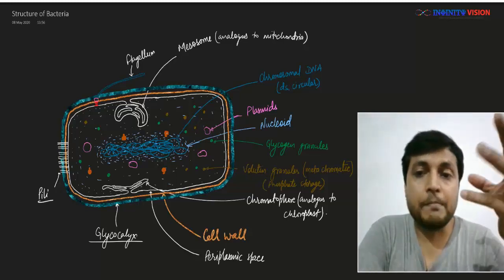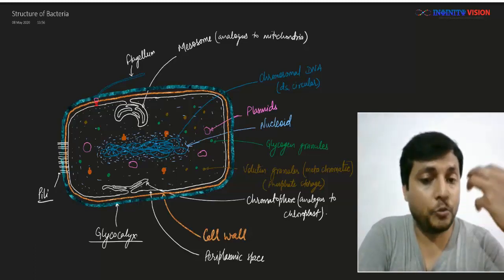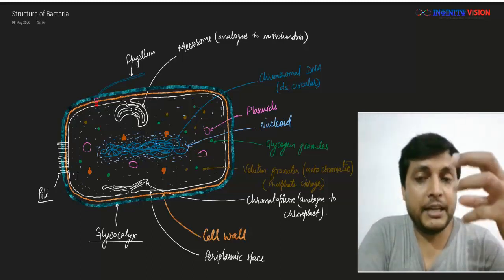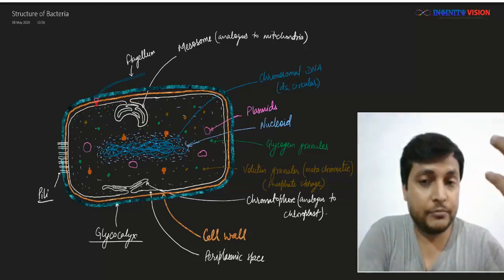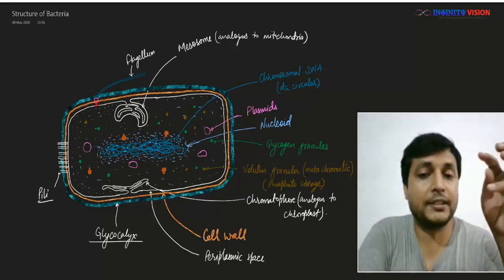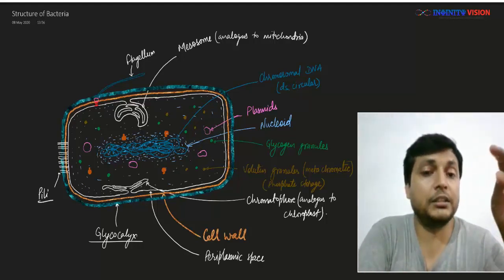Now the cell membrane may show infolding to form mesosome as well as the chromatophore. Inside the cell membrane we find the cytoplasm or protoplast. In the protoplast, in the center, there is the nucleoid, which is a dense fluid-like structure containing the chromosomal DNA, and this chromosomal DNA is double-stranded and circular.